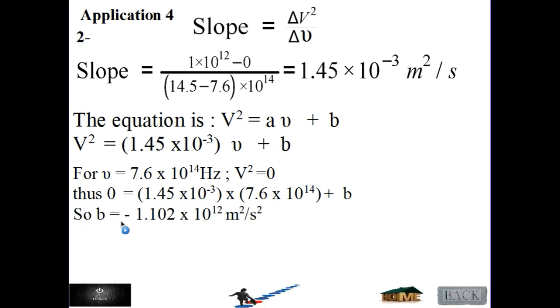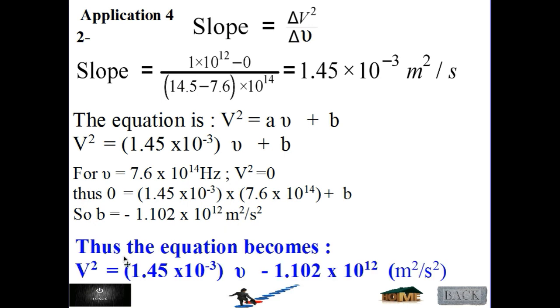So b equals minus 1.102 times 10 to the power 12 meters squared per second squared. And thus the equation becomes v squared equals 1.45 times 10 to the power minus 3 nu minus 1.102 times 10 to the power 12 meters squared per second squared. Thus this is the equation of the graph representing v squared versus nu.